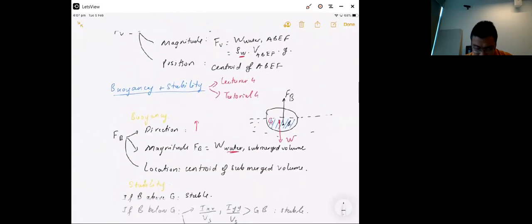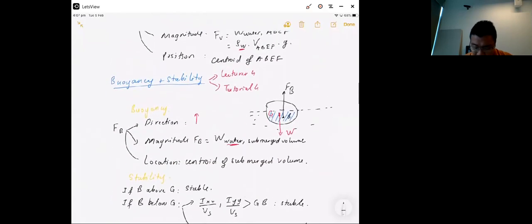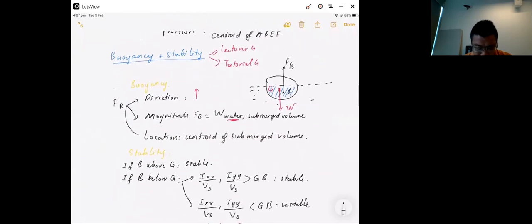After that, in fluid statics, we study buoyancy and stability. This one is in lecture 4 and tutorial 4. Buoyancy: when we have an object that floats on water, we will have a buoyancy force applied to it, FB. Because FB is a force, we have three things to find.